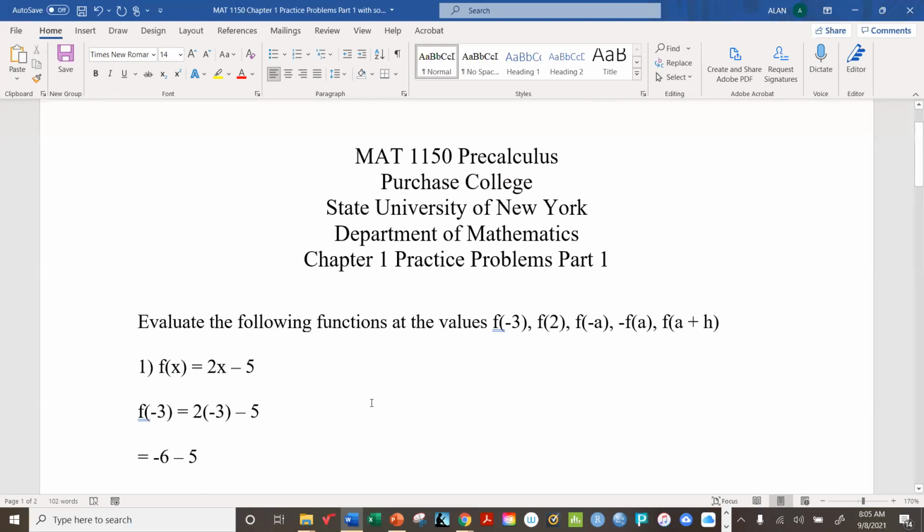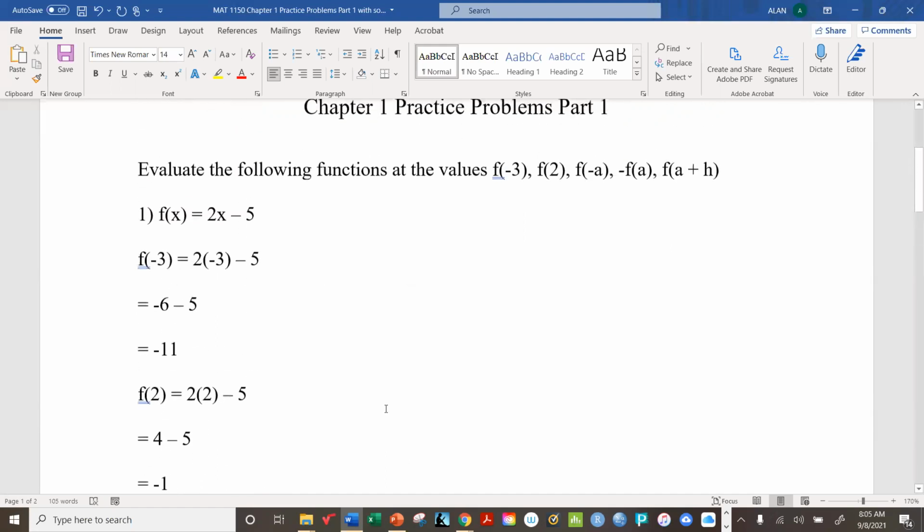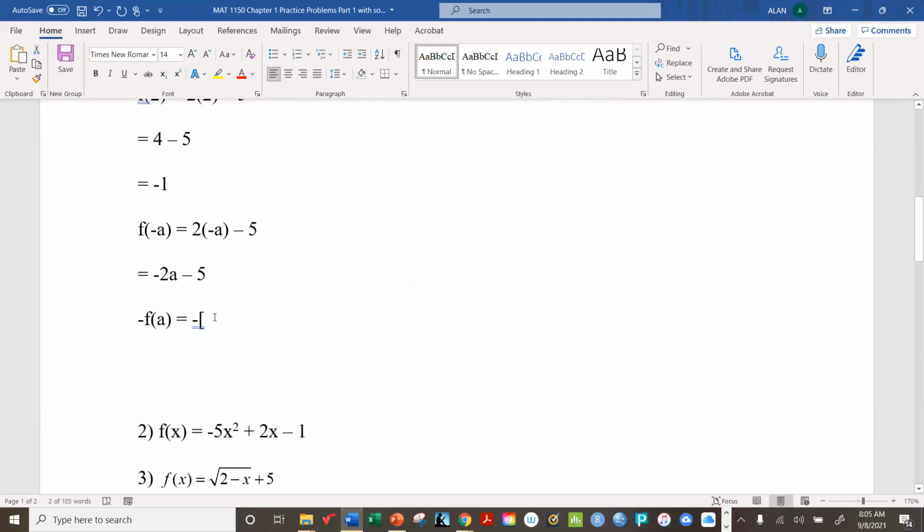And then we also need to do negative f of a. So basically what you're doing here is you're actually calculating f of a, and just copy this down here. So the key detail here is that the negative comes on the outside of this expression.